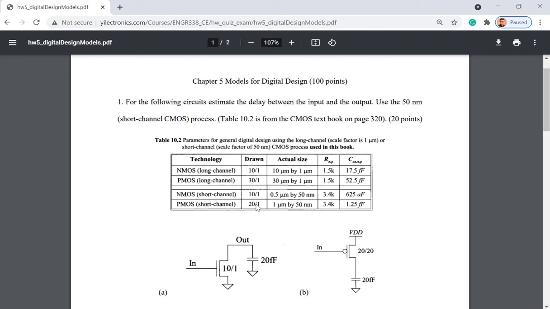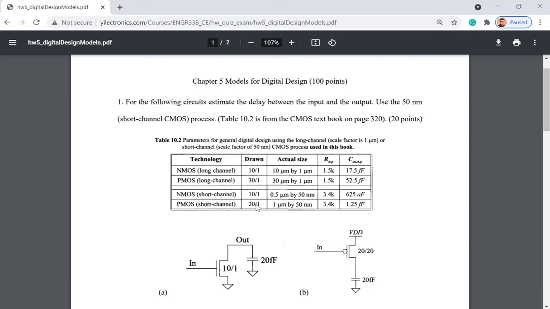I think I made a mistake in the solution, did I? Oh, lower, yeah, lower. Wait, 20/20, 20/1. They have the same width.